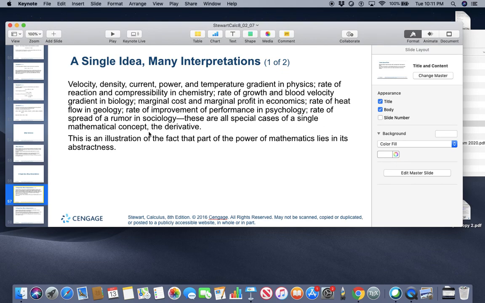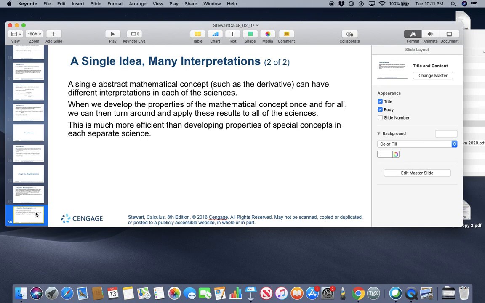These are all special cases of a single mathematical concept, the derivative. So a single abstract mathematical concept can have different interpretations. When we develop the properties of the concept once and for all, we can then turn around and apply these results. This is much more efficient than developing properties of special concepts in each separate science.